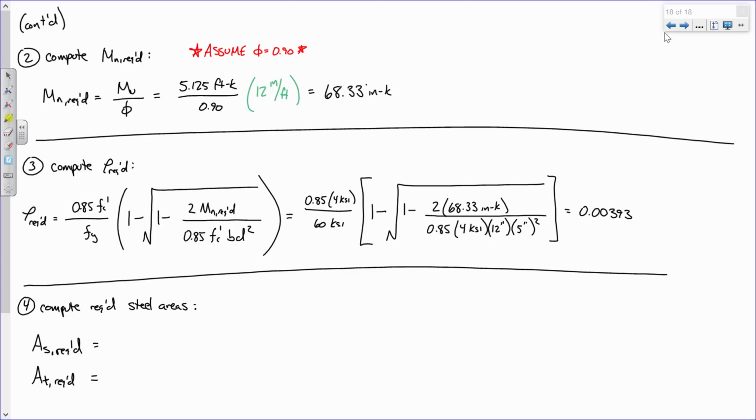Now, the main reinforcement is rho b d, but for the temperature, it's 0.0018 b h. Okay, that's easy to miss. So we have 0.00393 times 12 inches times 5 inches, and then down here 0.0018, 12 inches, 6 inches.